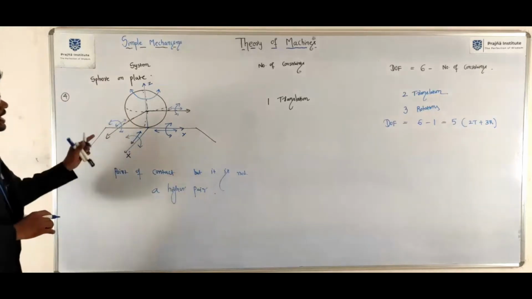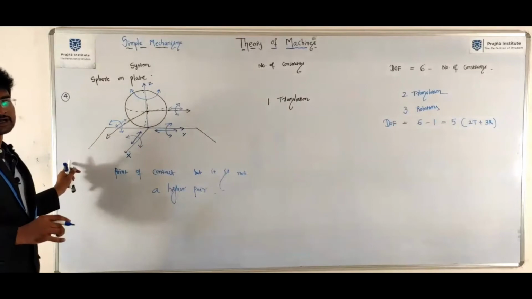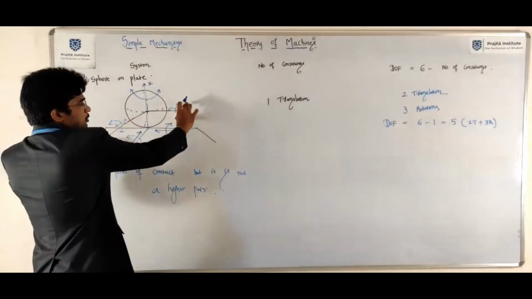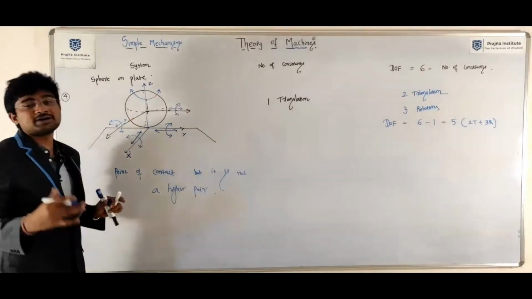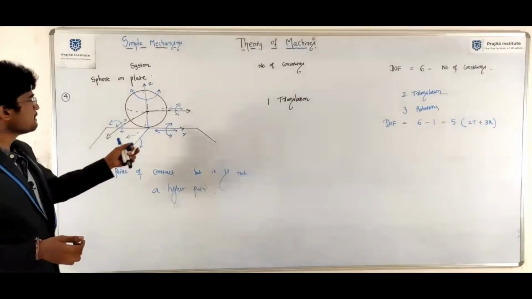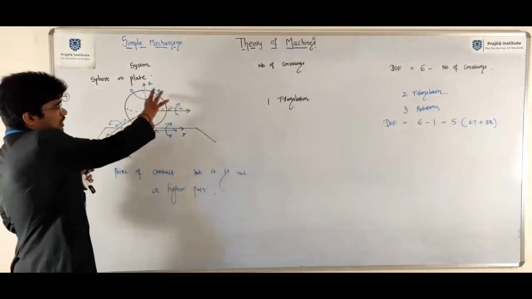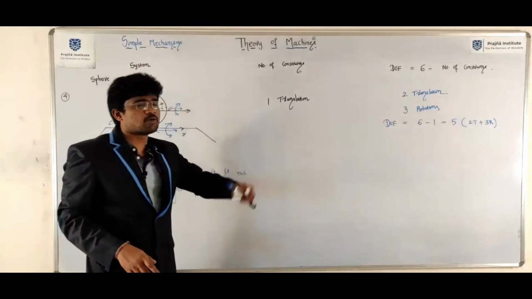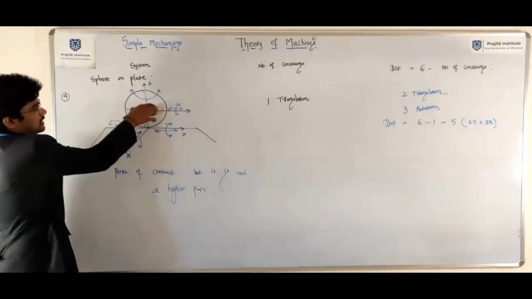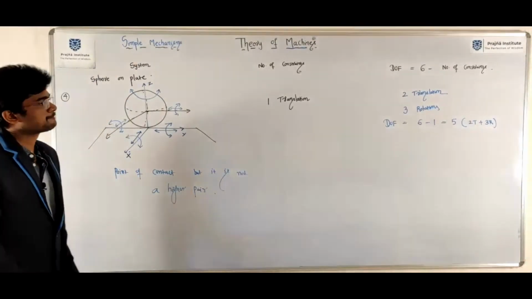It can translate along the x-axis and along this axis. It can rotate about these two axes, and rotate about the z-axis also. So how many motions are possible? Two translations, three rotations. Only one motion is restricted. It can't translate along the z-axis. That's it.